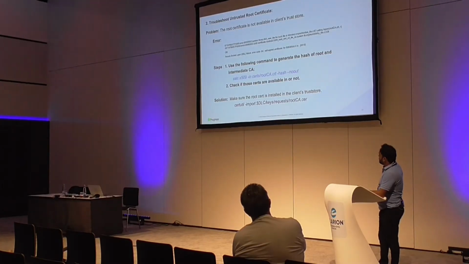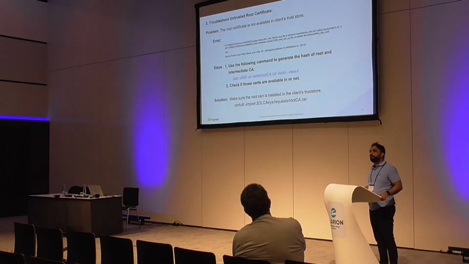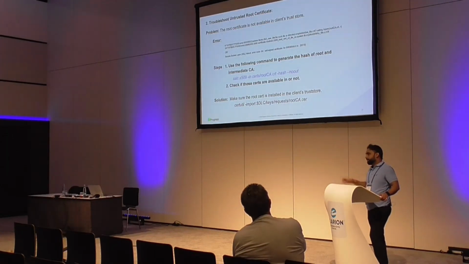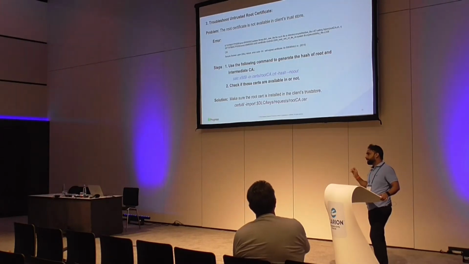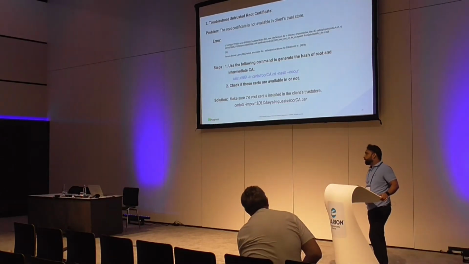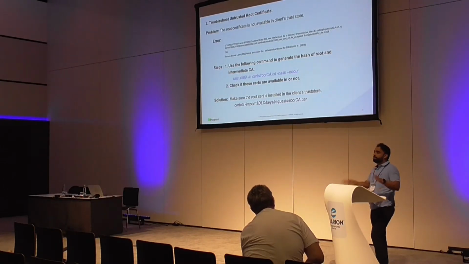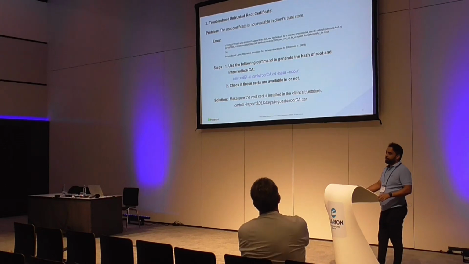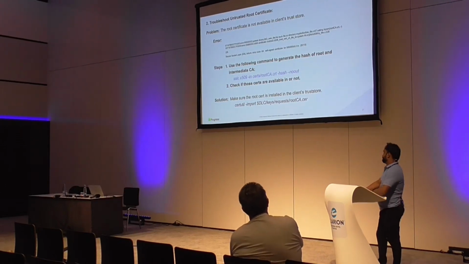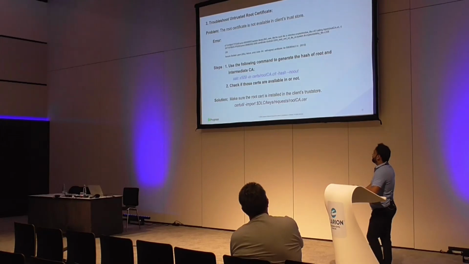What you can do is, since you know what certificate you are using on the server, go to that certificate and generate the hash corresponding to it. It will give you a value like that .0 value. Go and search for that value in the cert store and see whether it is available or not. That is one way of doing that. You need to have your root CA certificate in the cert store, and then you can use it.